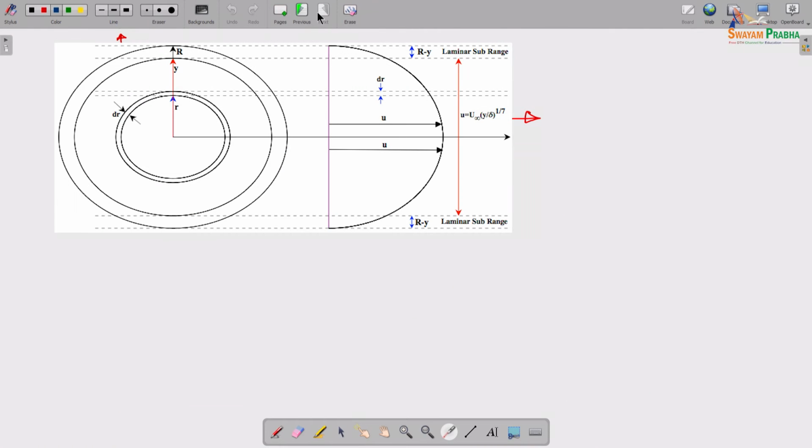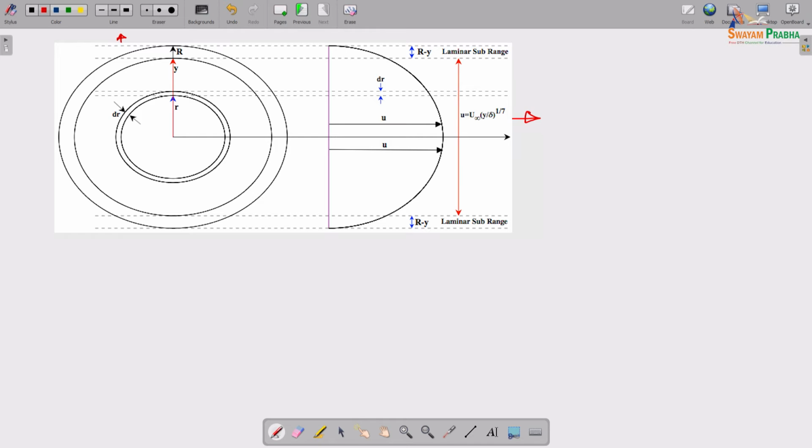So similarly here, we have this laminar sublayer, right. Let's call this y. Let's say this is r, then this bit is y, and this is actually r.